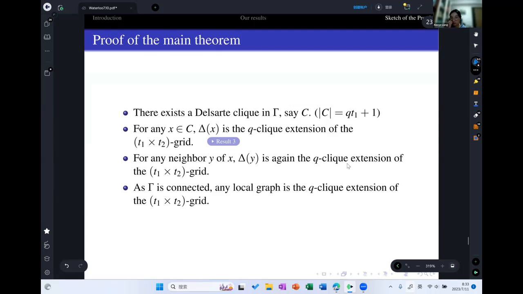And we show there exists a click containing this many vertices, and here 1 is a base point, and this QT1 in the local graph of X. Okay, yes. So we can use our three results on it, and finally show the local graph is exactly the q-click extension of the grid.